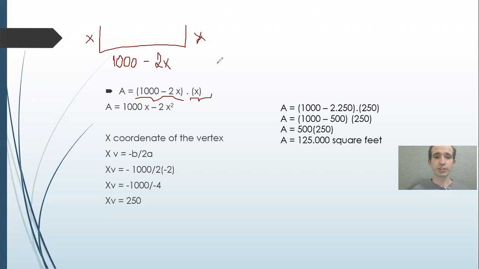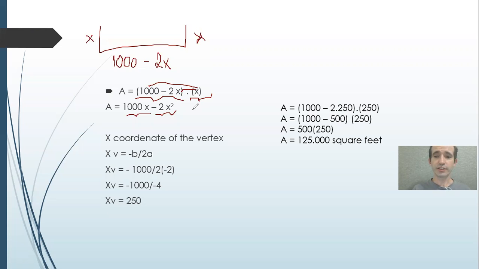To simplify this expression, it is easiest to distribute: x times 1,000 and 2x times x, we get 2x squared.